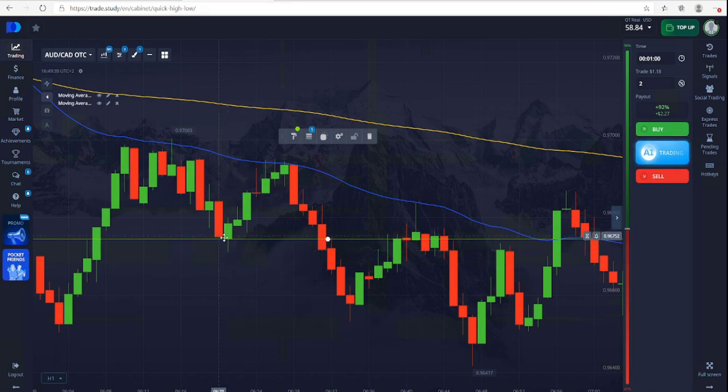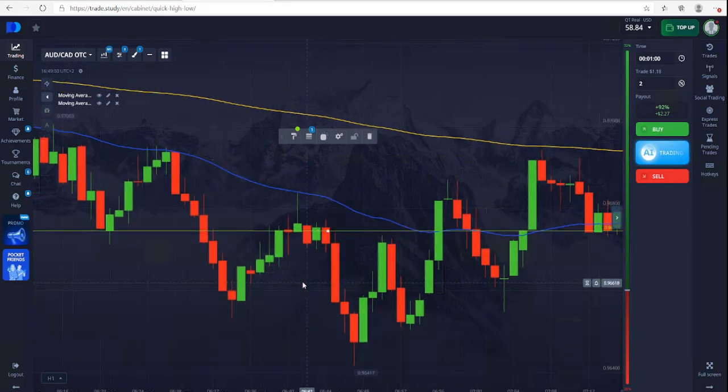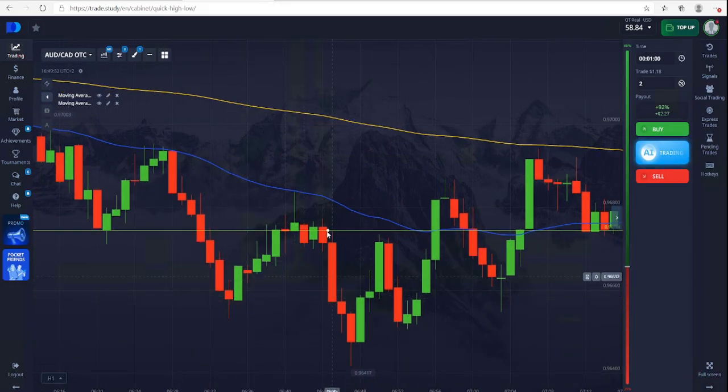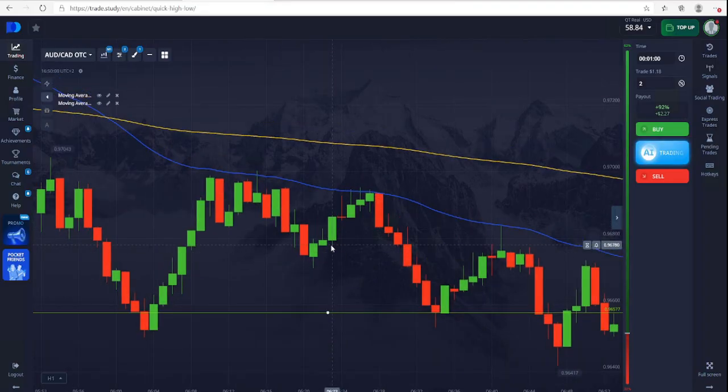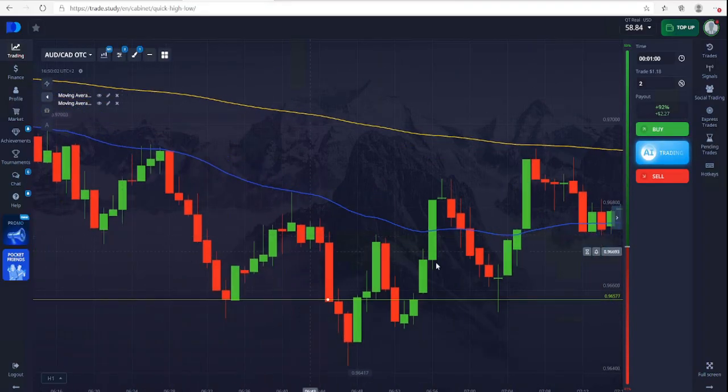But if we have bodies retesting close to each other and forming a V shape, like if you go to the line chart, because this is Pocket Option, you won't be able to see it like this. Price breaks through here, and boom, we have a trade here. Same here also: price breaks through here and sell. I don't even see the first trade. Yeah, so we had two wins.